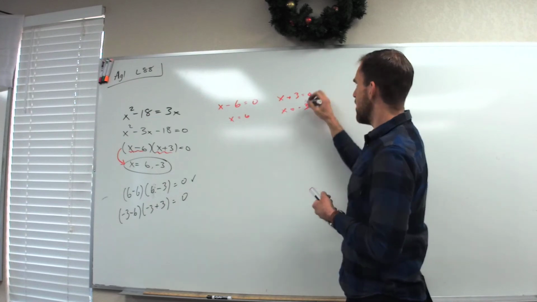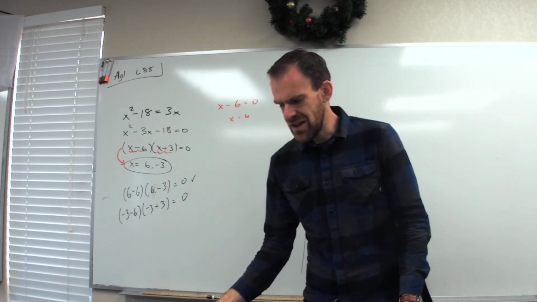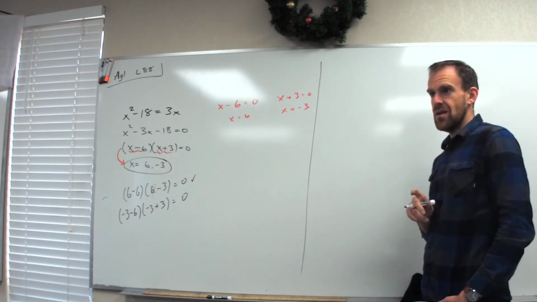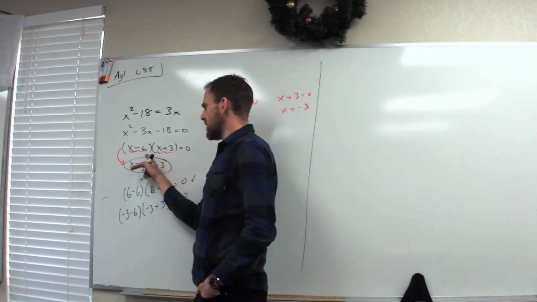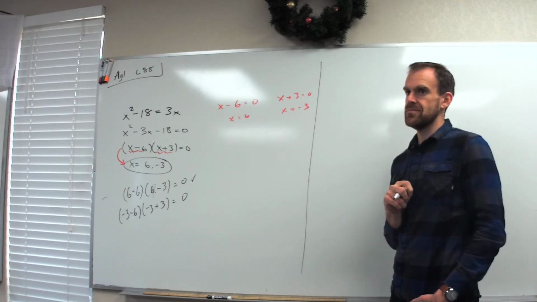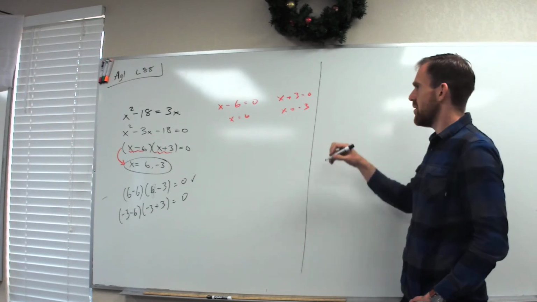Now, there are some dangers. And some dangers include this. You may be tempted to do this with a number over here that is not 0. Don't do it. You know who you are. Don't do it.